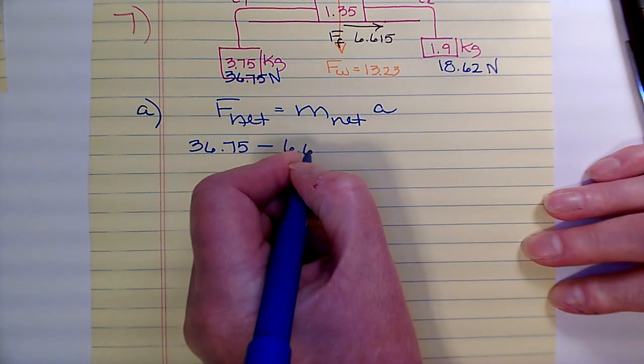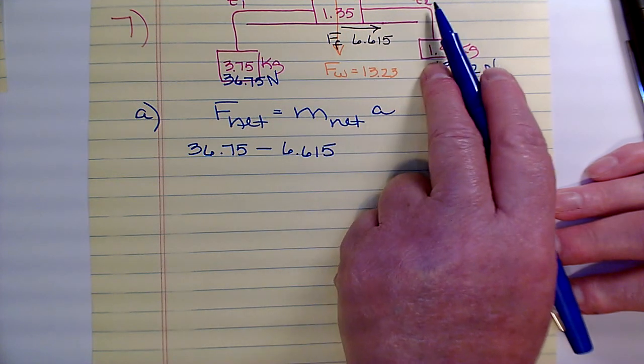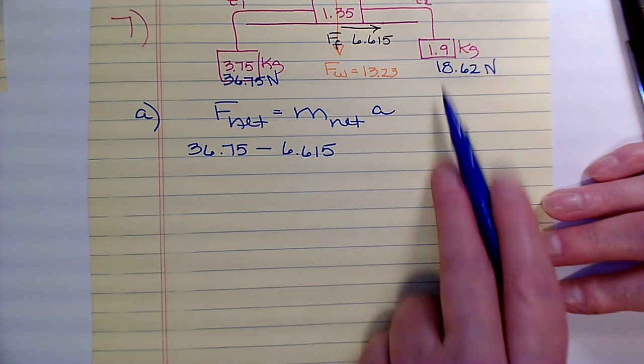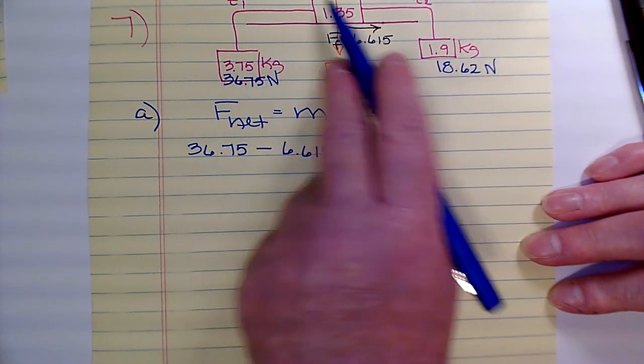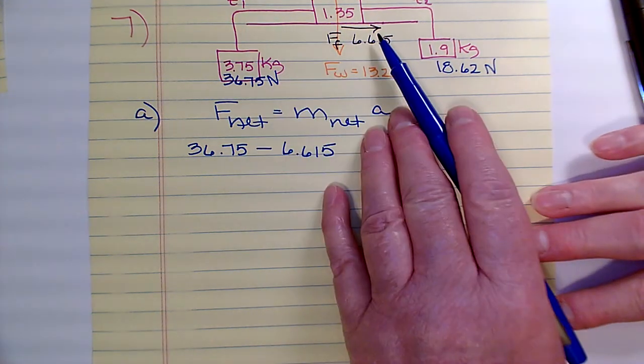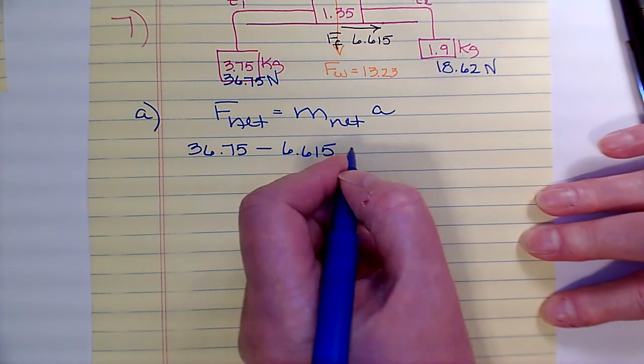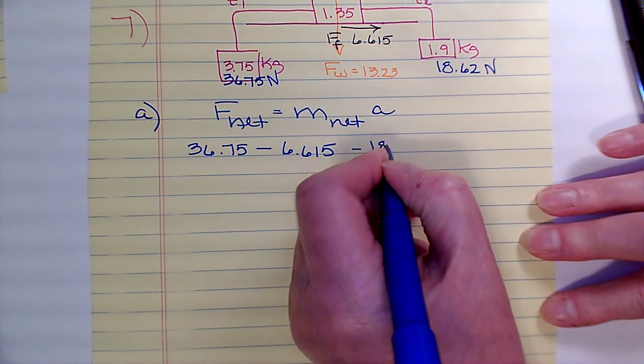So 6.615, and we are dragging this because there's weight pulling down. And so again, a box sitting on the table isn't important in the story. His friction is important in the story, and a hanging down block is important in the story.